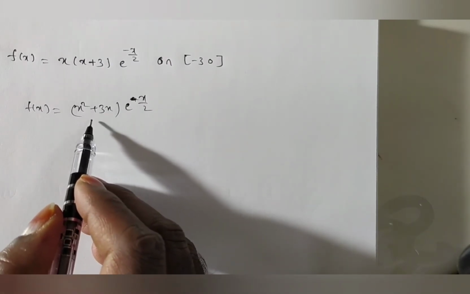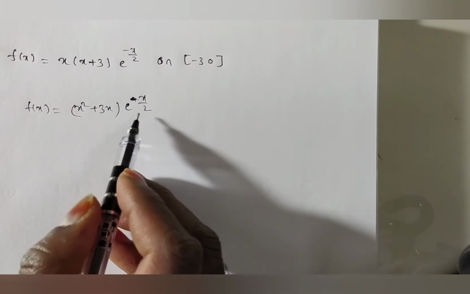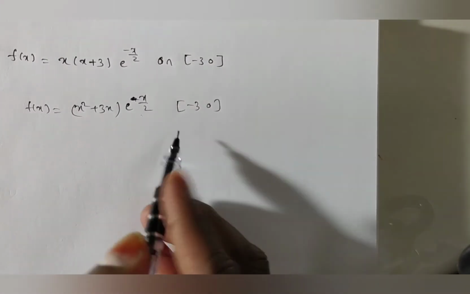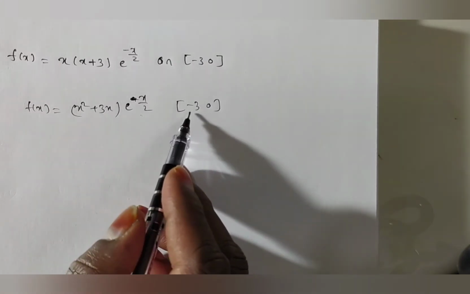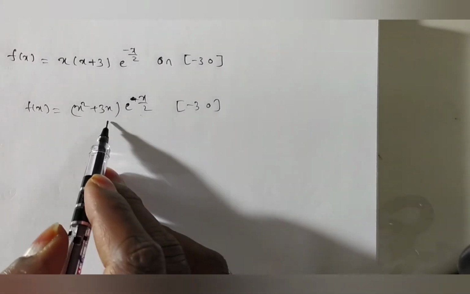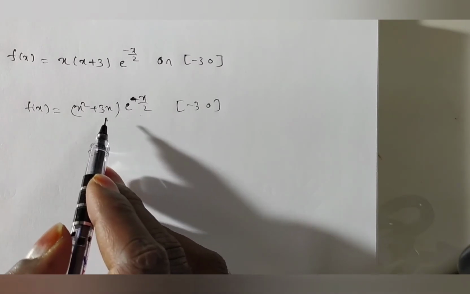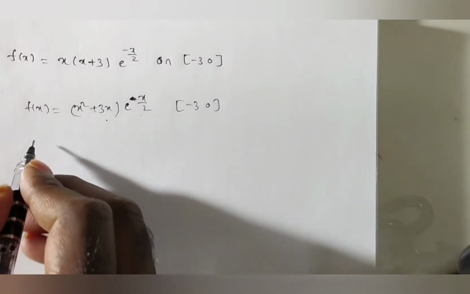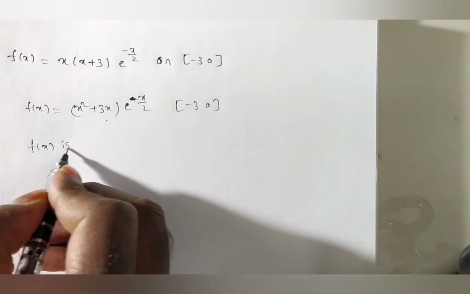The first one is an algebraic function, the second one is an exponential function. Now in minus 3 comma 0, you give any value in between minus 3 and 0, including minus 3 and 0. Will you get a finite value or infinite value? Finite only. So what you can say now, f of x is defined.